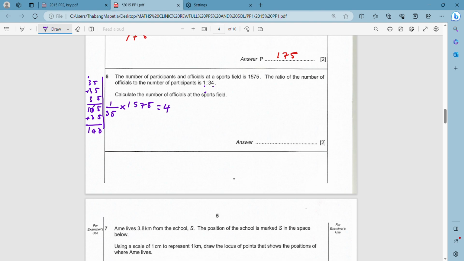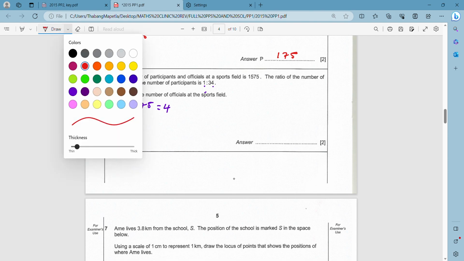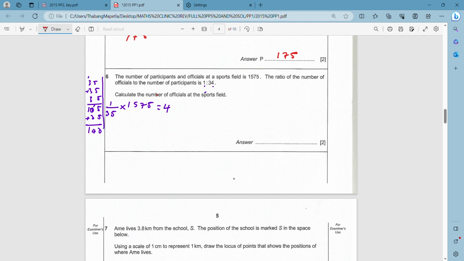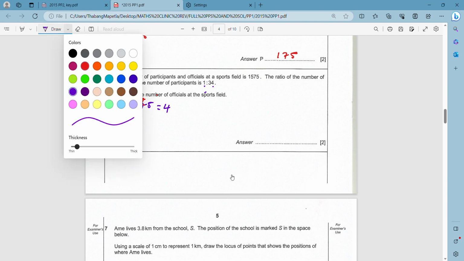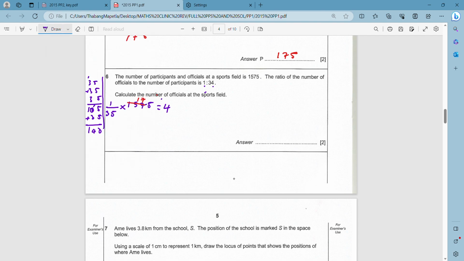This implies that we are going to cancel, and then you're going to have a 17. 35 into 17, it can't. 35 into 175. So we can continue from this one.